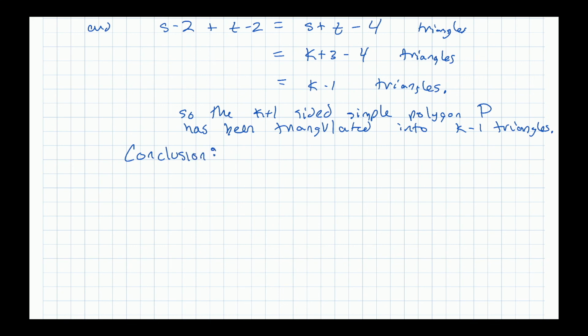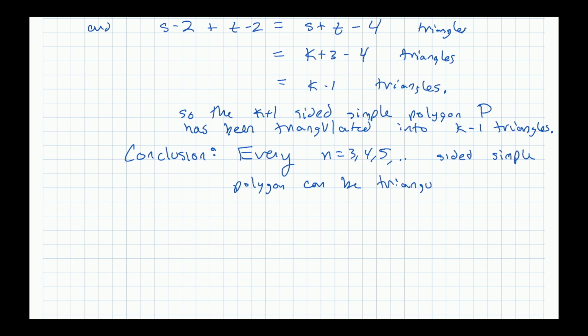We can make our conclusion, which is every n equals 3, 4, 5 up to forever sided simple polygon can be triangulated into n minus 2 triangles by induction. Okay. And that's the proof.